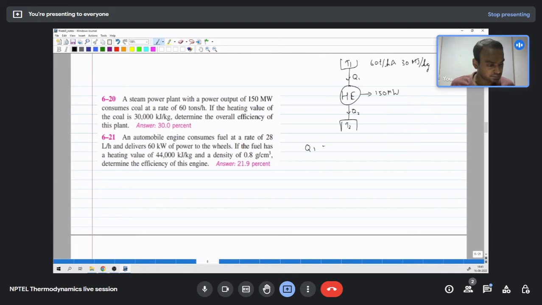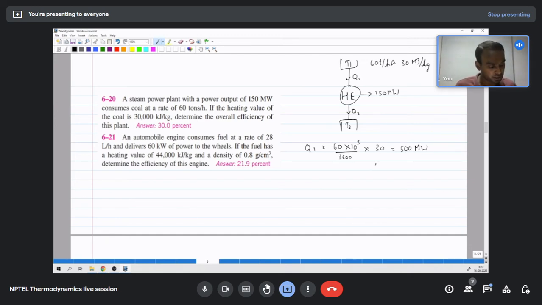Q1 is 60 tons per hour. So this is 60 into 10 power 3 to convert the tons into kg, and to convert the hour to second we have 3600 in the denominator, and multiplying this with the calorific value we have into 30, and this is 500 megawatts.